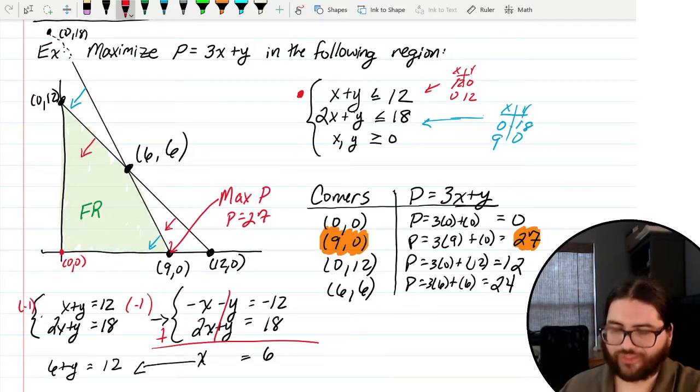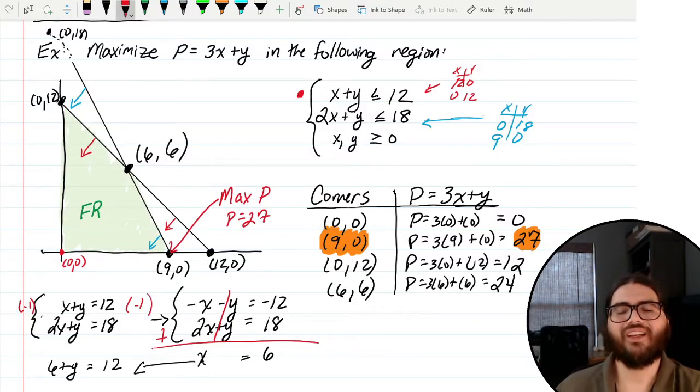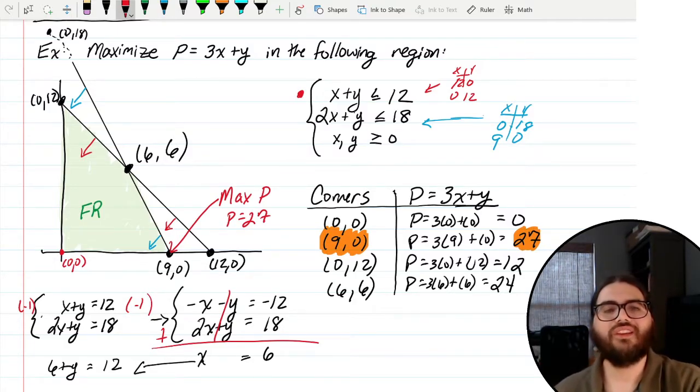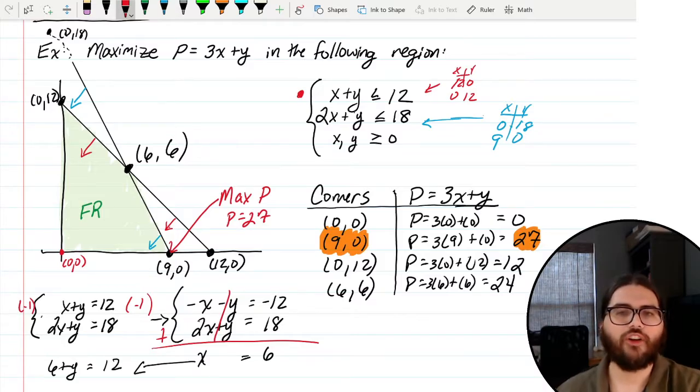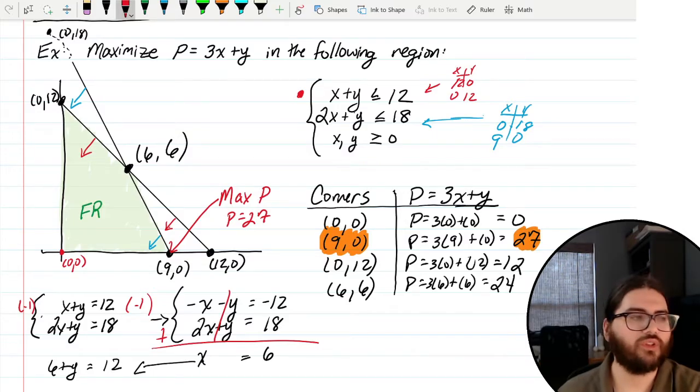P equals 27. And I like that example because some students always get this idea that the maximum value will always be at that middle corner point that's kind of floating there in space and never at the edges or the origin. That's not always true. We have to plug in the numbers to figure out where it actually is.